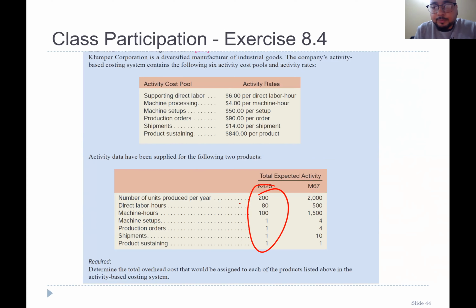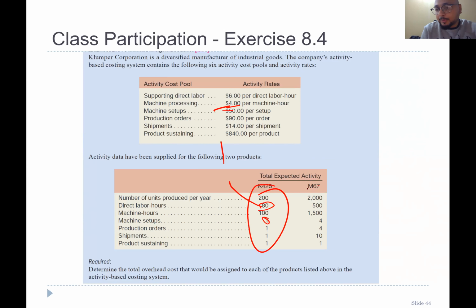If we are solving it for K425, you see machine hours are 4, so 80 machine hours are used, so you multiply 4 with 80. Similarly with machine setups, the machine setup is $50 and the setup is only 1.